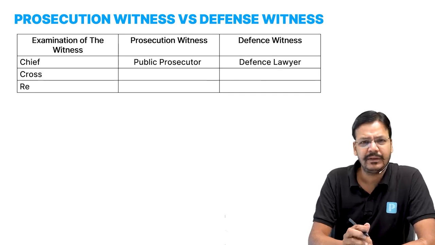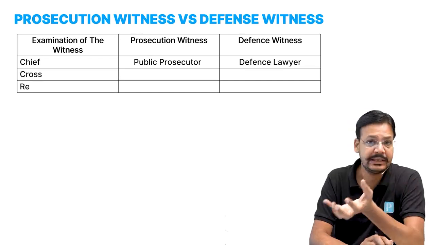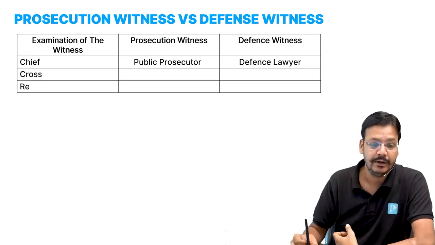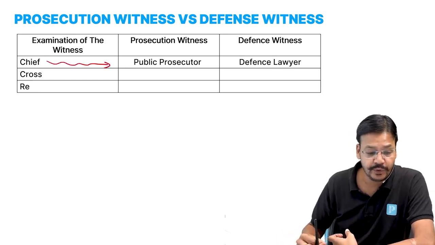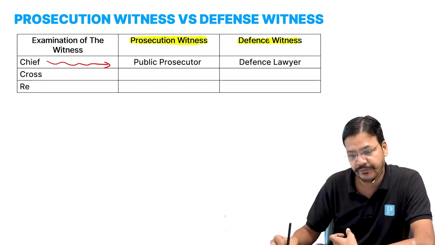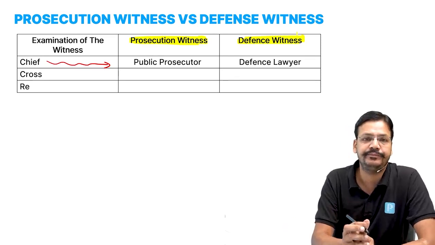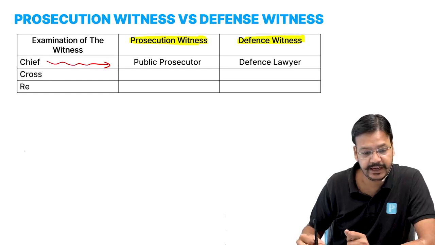Now, sir, as I told you, chief examination is by the same party lawyer. Cross-examination is by the opposite. So just see, first I'll discuss chief examination. If you are a prosecution witness, who will chief examine you? And if you are a defense witness, who will do the chief examination? If you are a prosecution witness, listen very carefully.